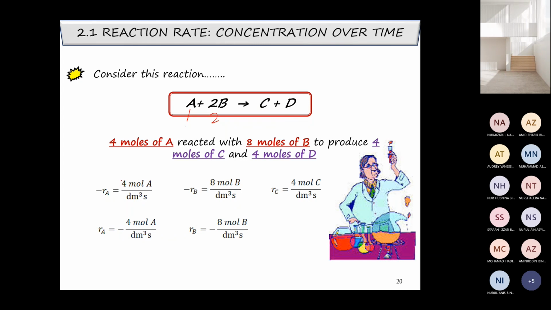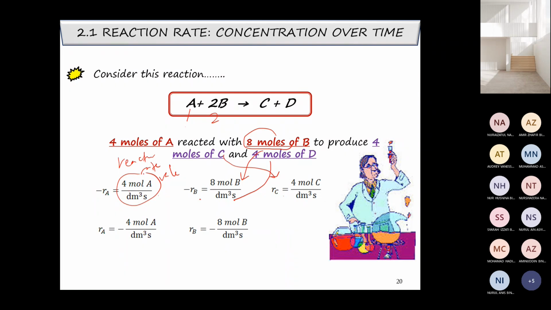So from here we know negative RA is 4 moles of A over decimeter cube per second. This is a reaction rate value. Then we have B here, which is 8 moles, and then 4 moles produced. And we have D here. Where is D? Oh, D is not written here. Okay, never mind. So we have RA, RB, and RC.